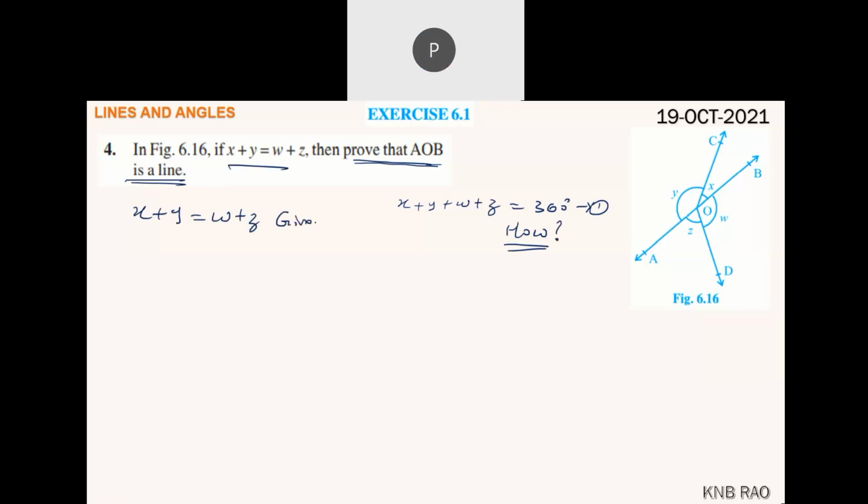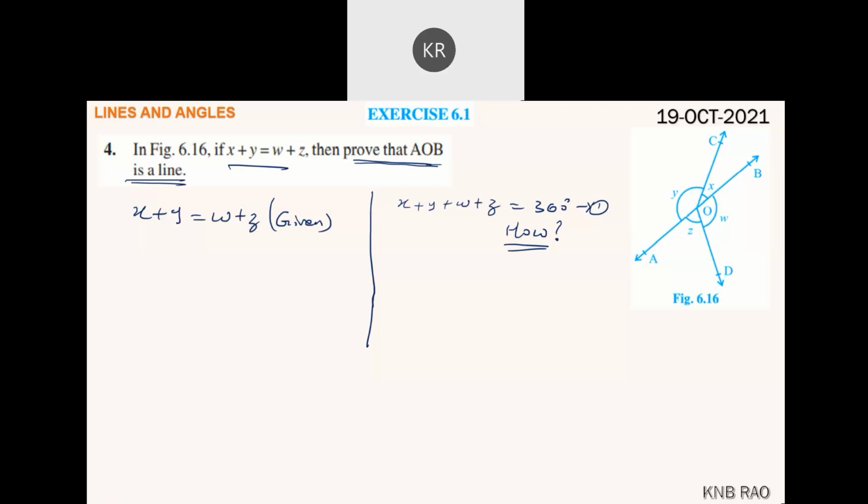It comes because the sum of all the angles around a point is 360 degrees. That is a theorem, proved with the help of axiom 6.1.